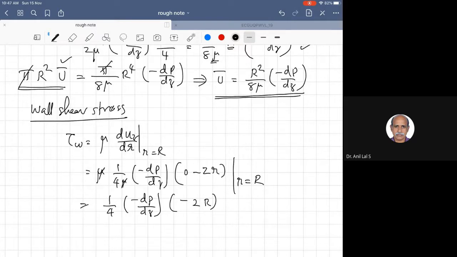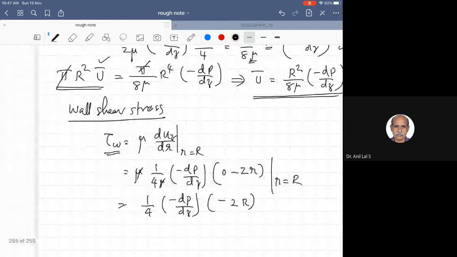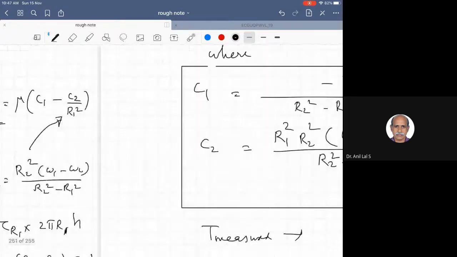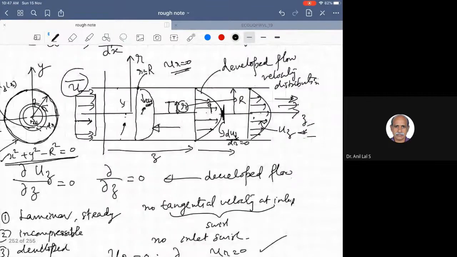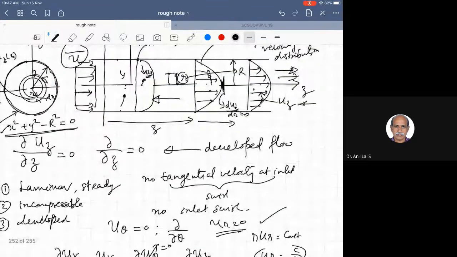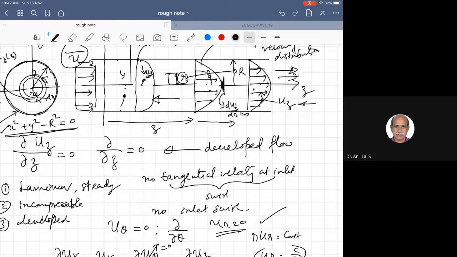Actually, one more thing is that I want to write the wall shear as a positive value, but if you look at dou uz by dou r, the uz reduces with increase of r. With increase of r, uz reduces.